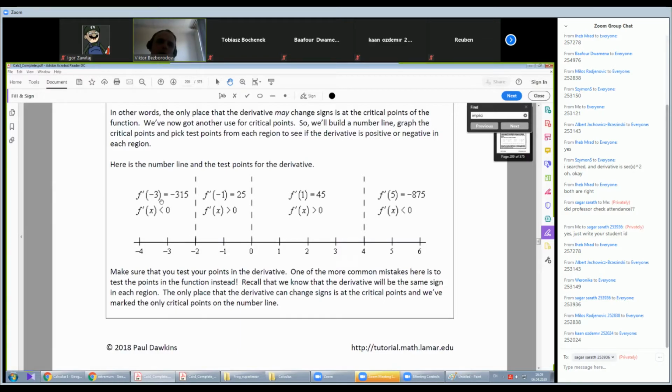So it's negative here, so it must be positive here, negative here, and positive here. But this is not quite how it works. The signs do not have to alternate between the intervals. So you have to check every interval separately.